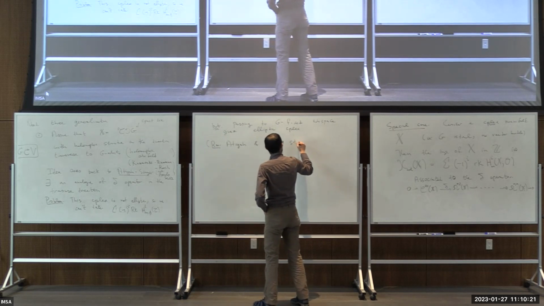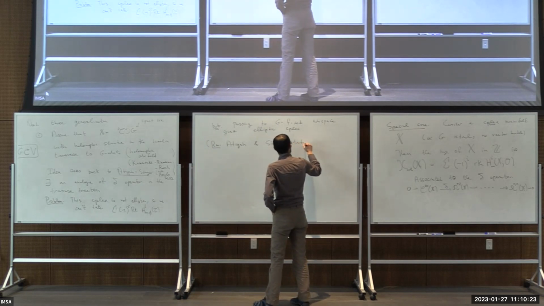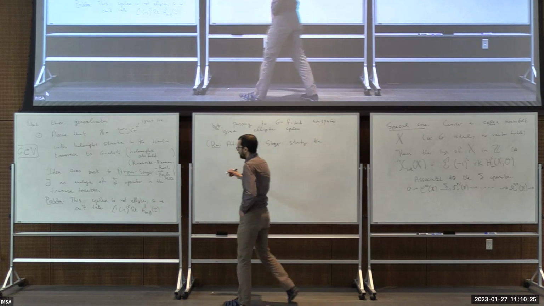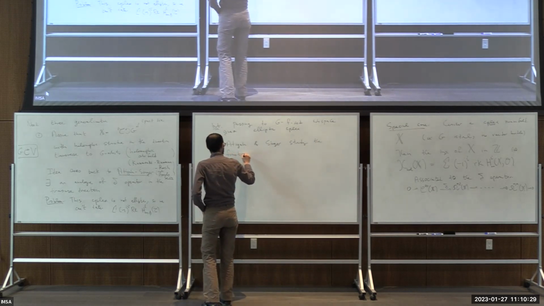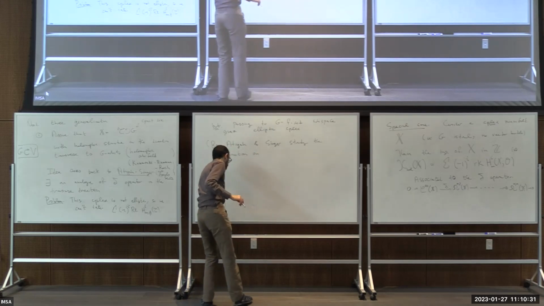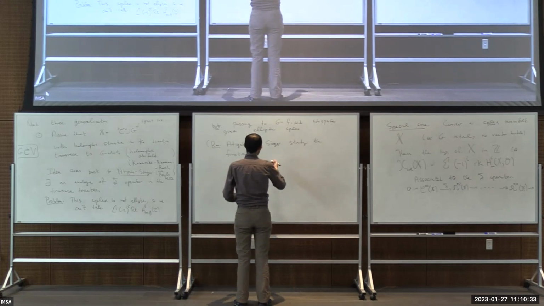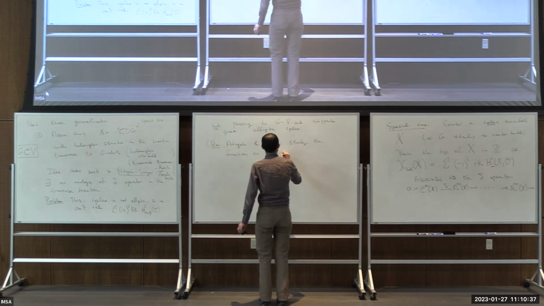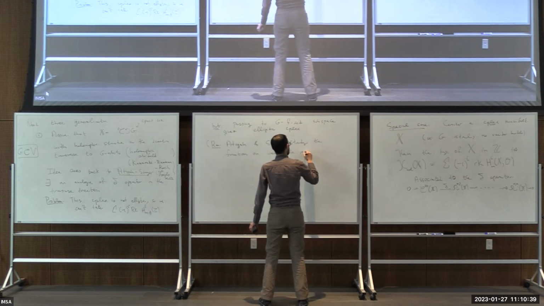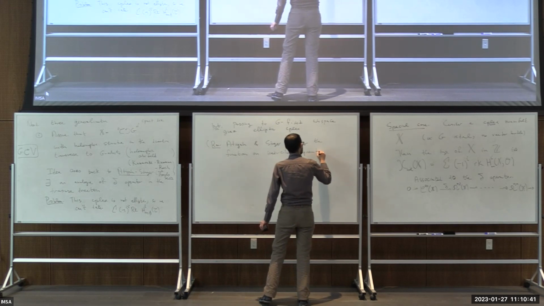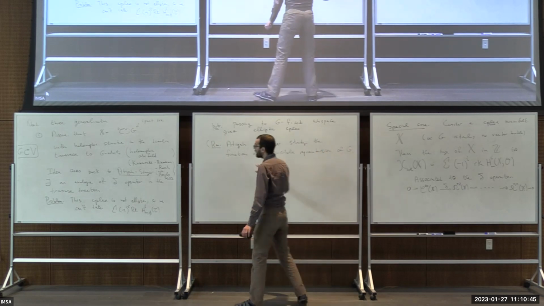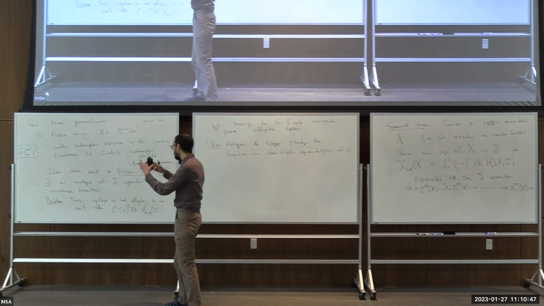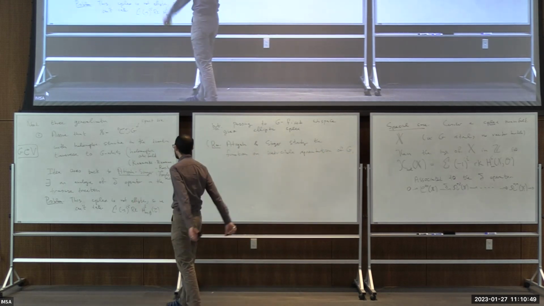Study the function on irreducible representations of G, given by taking the pieces of this complex.